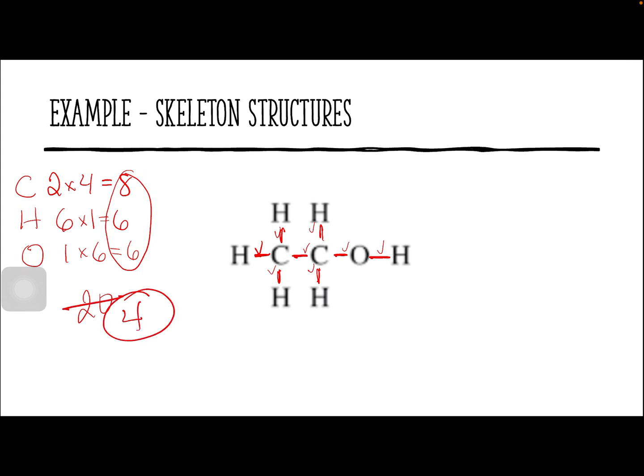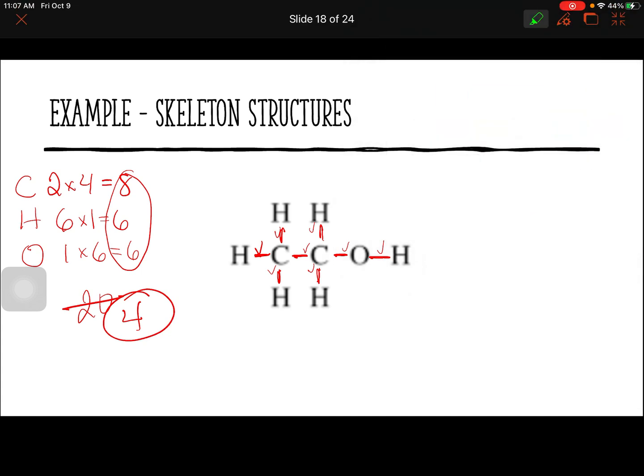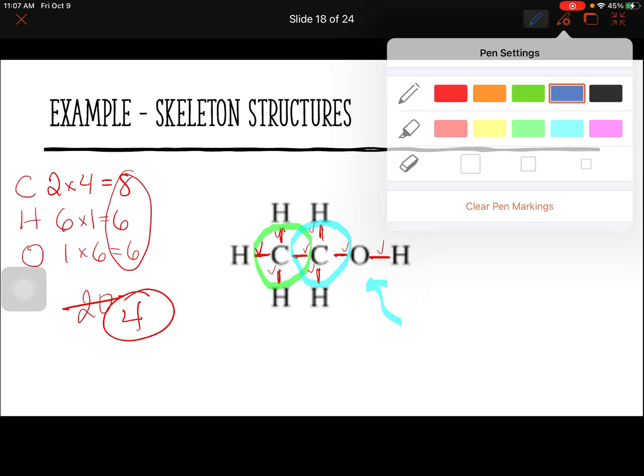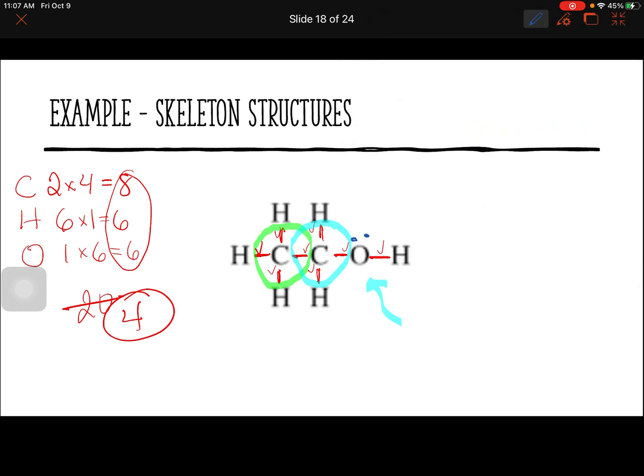So I only need 4 more electrons to complete my picture. Every hydrogen is done. Once hydrogen gets 1 line, it's done. The 2 carbons are done, right? Because they each have a completed octet. So the oxygen's sitting there like, oh, I only got 4. It needs 4 more electrons. Throw those in as lone pairs. And that takes care of the last 4 electrons, and that one is done.